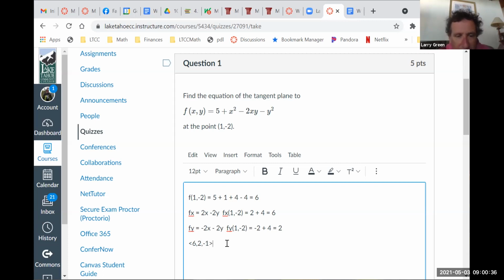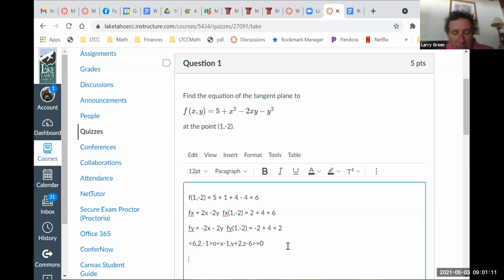And then I dot it with the displacement vector, which is x minus 1, comma, y minus negative 2, or y plus 2, comma, and then z minus 6. And since it's the normal vector, that equals 0. Any questions so far?